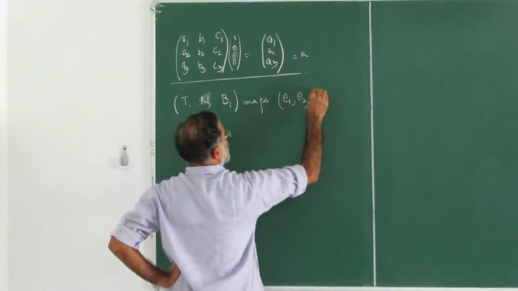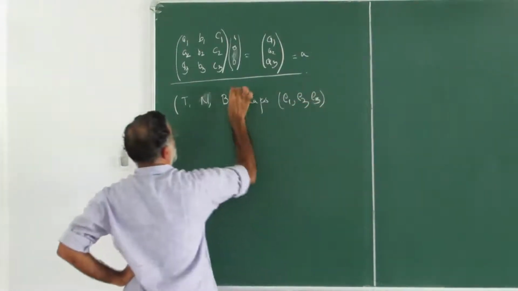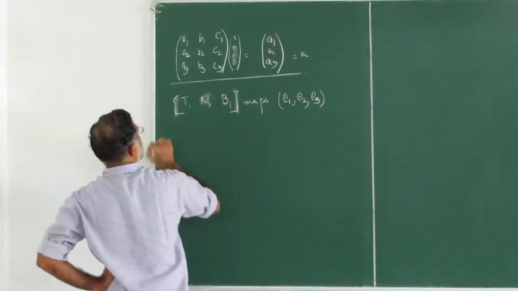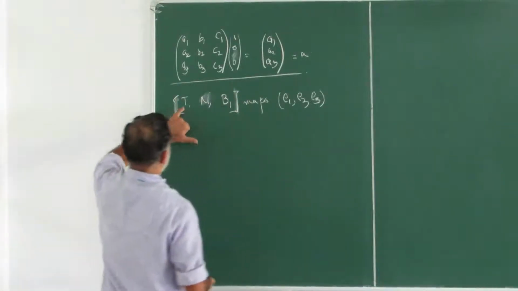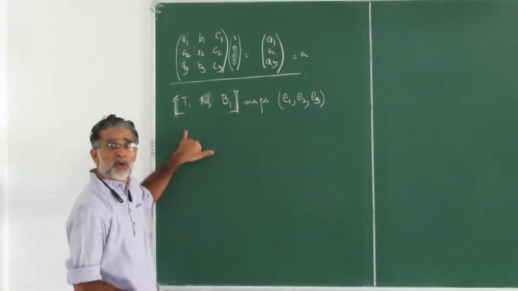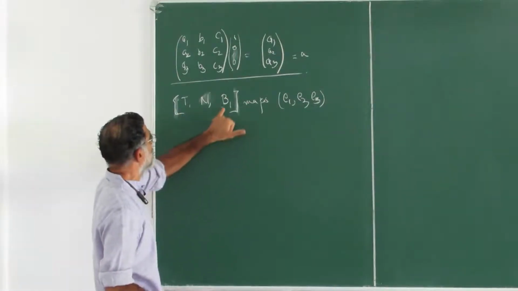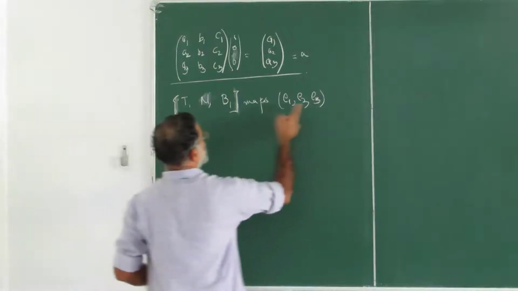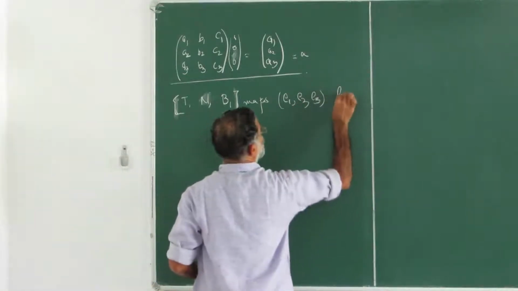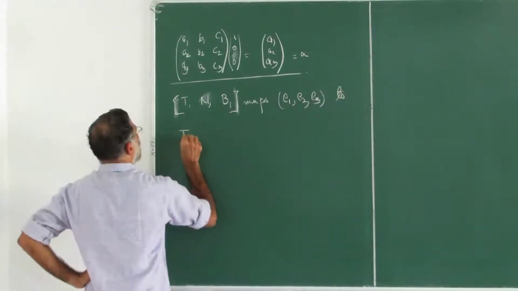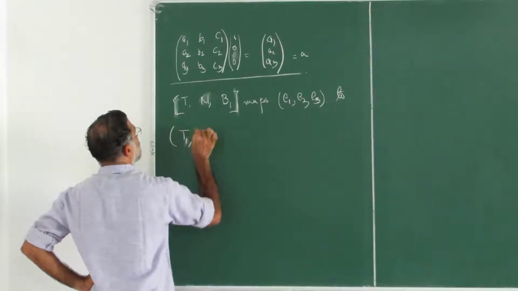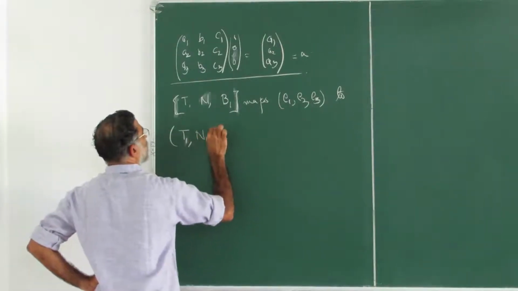You can write the coordinates however you like. This maps E1, E2, E3 to the vectors T1, N1, B1.